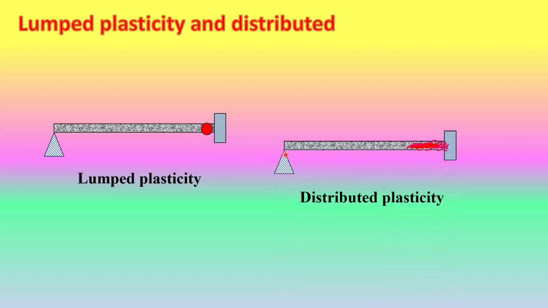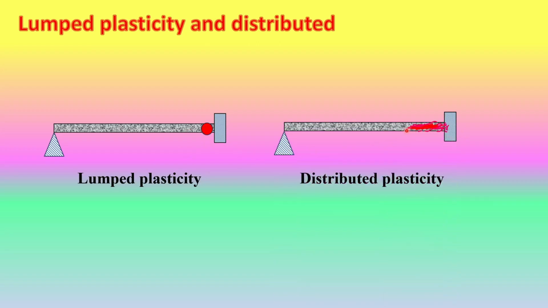Practically, the plastic zone has a definite length, not a single point. If we consider the total length, it is called distributed plasticity.